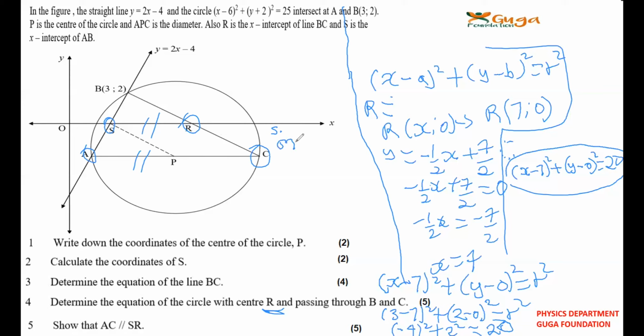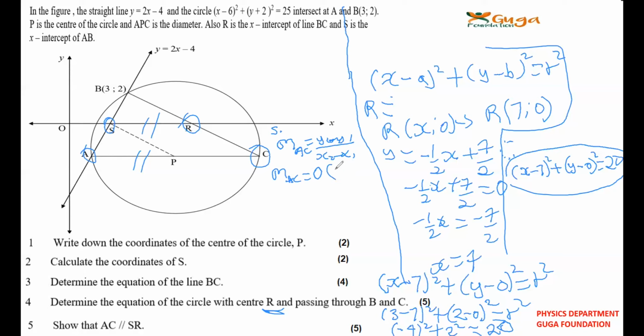The M of AC is equal to (y2 - y1) over (x2 - x1). For AC, M of AC is equal to 0. The reason being that at AC, both y values are the same.